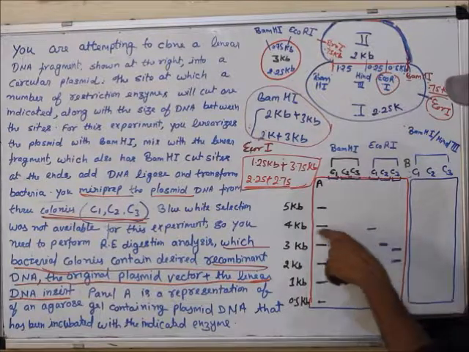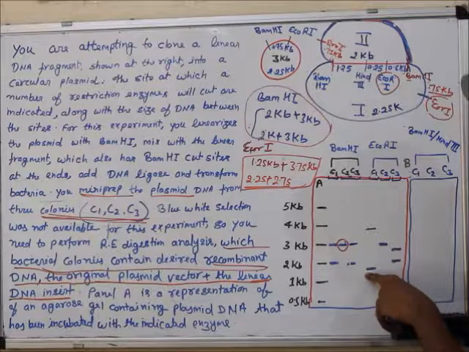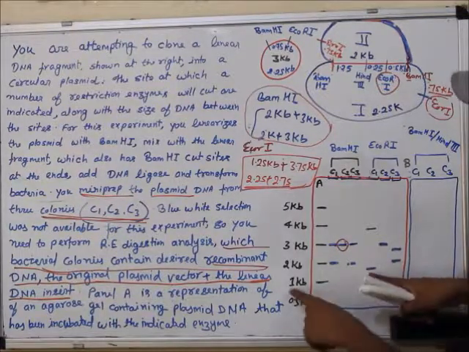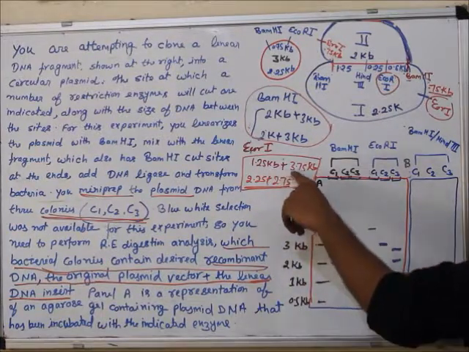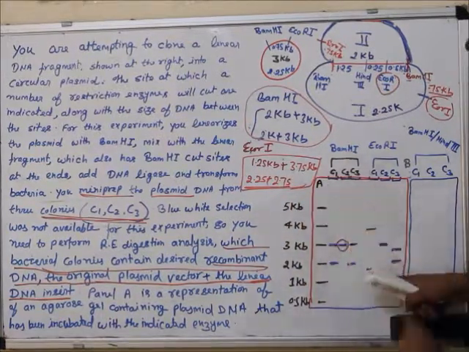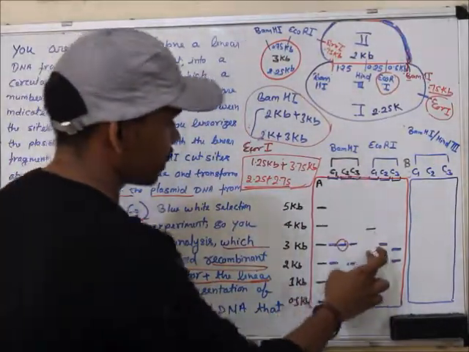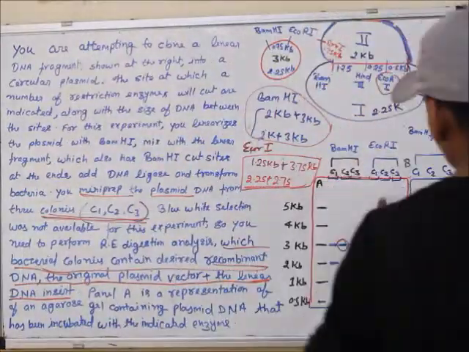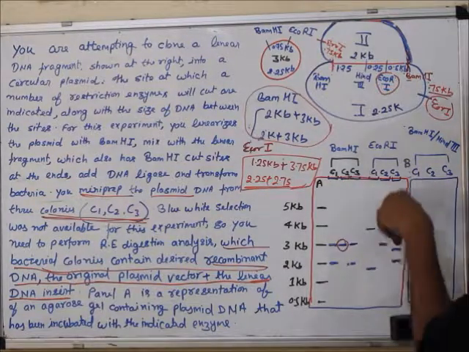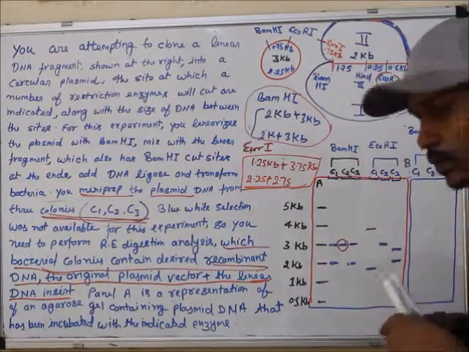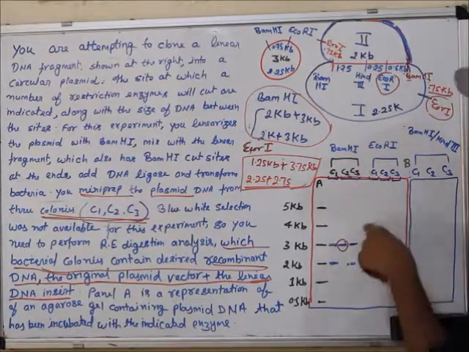Another fragment of C1 is 1.25 kb, so it proves that C1 has taken up the foreign DNA successfully. C2 only obtains a 3 kb band, so there is no transformation in C2. In the C3 colony, the band is different from the C1 colony.